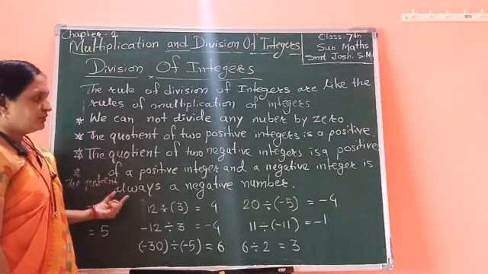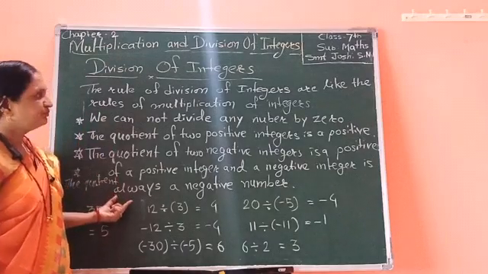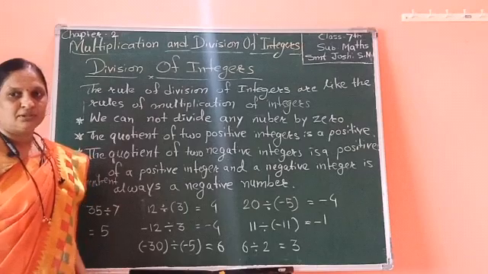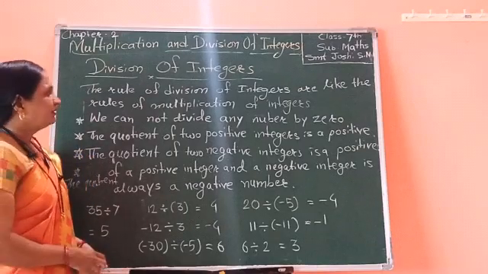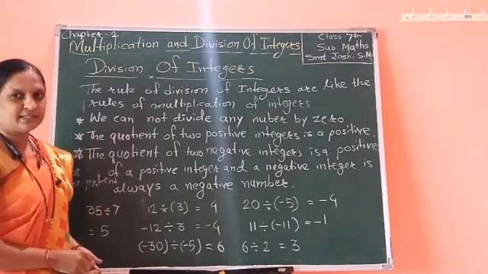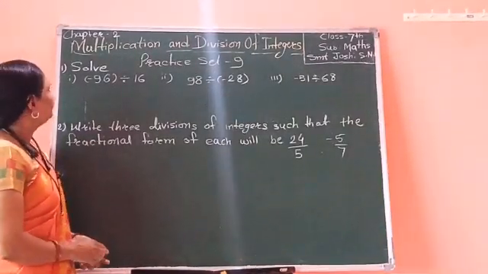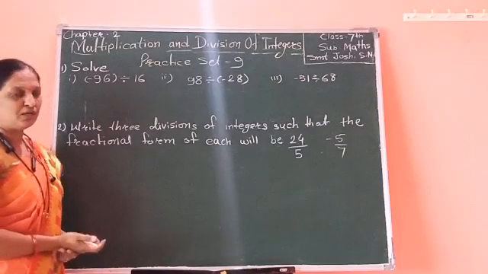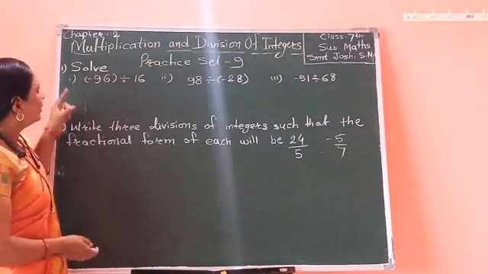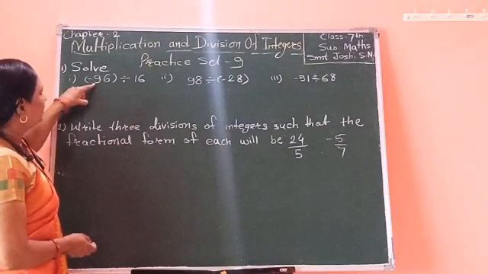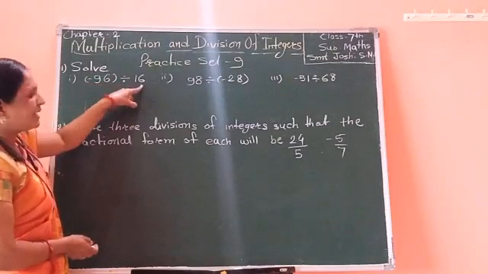Using these given rules, we solve the practice set. Next is practice set 9. First question, solve. First example, negative 96 divided by 16.